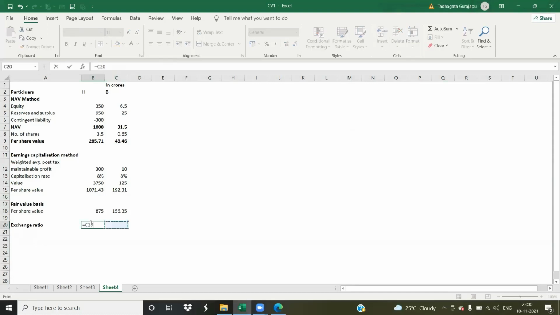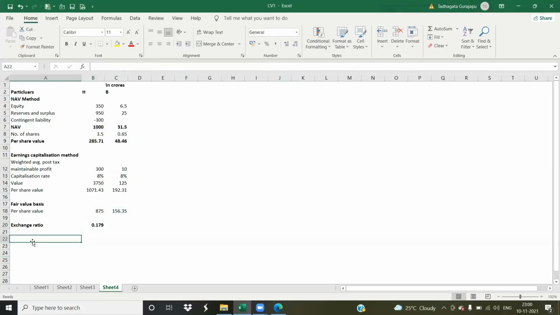This is equal to fair value of B divided by fair value of H. So this is the exchange ratio. So there is a solution.